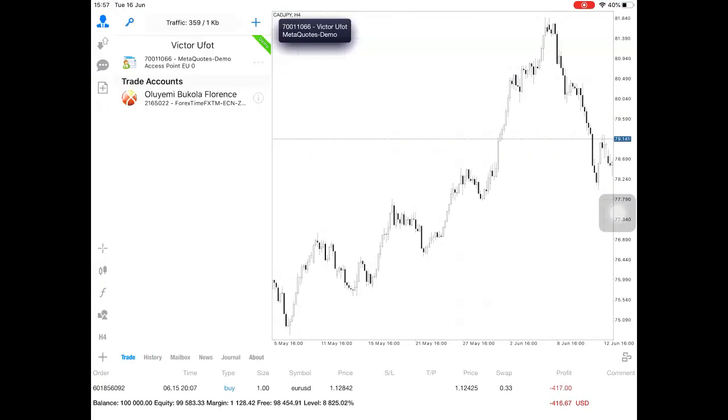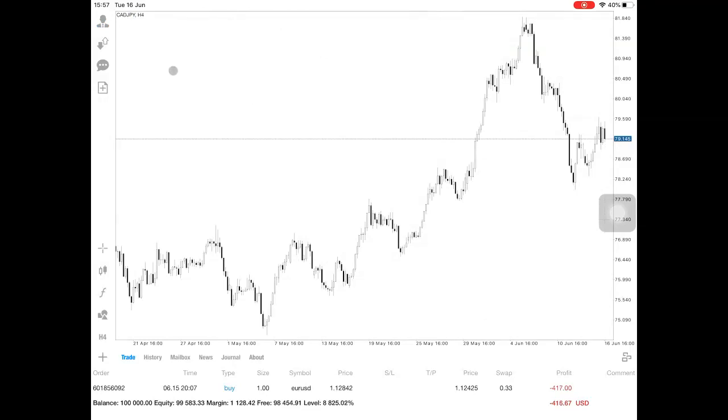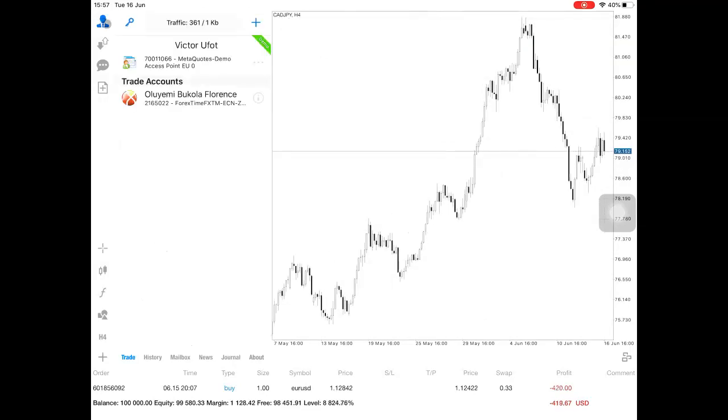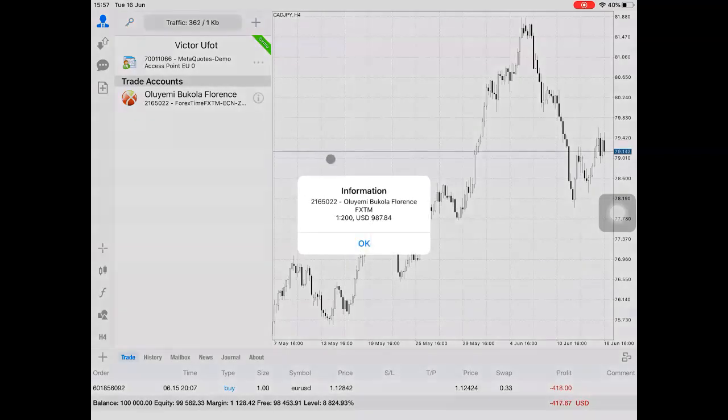I'll click the top left there. Let's see the details. For you to get your leverage, you click on your account where your profile is, then click on this exclamation mark. So you can see we have here USD. Oh, sorry, is this a live account?